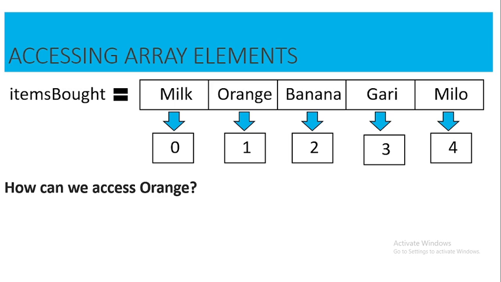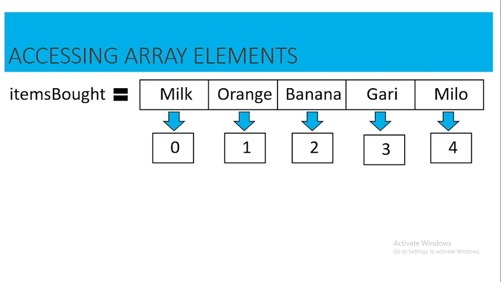Closed. In this case, to access orange, the array is items-bot, then square bracket open. Now the index of orange is 1, so we put 1, then close it with the closing square bracket. This is how we access orange.